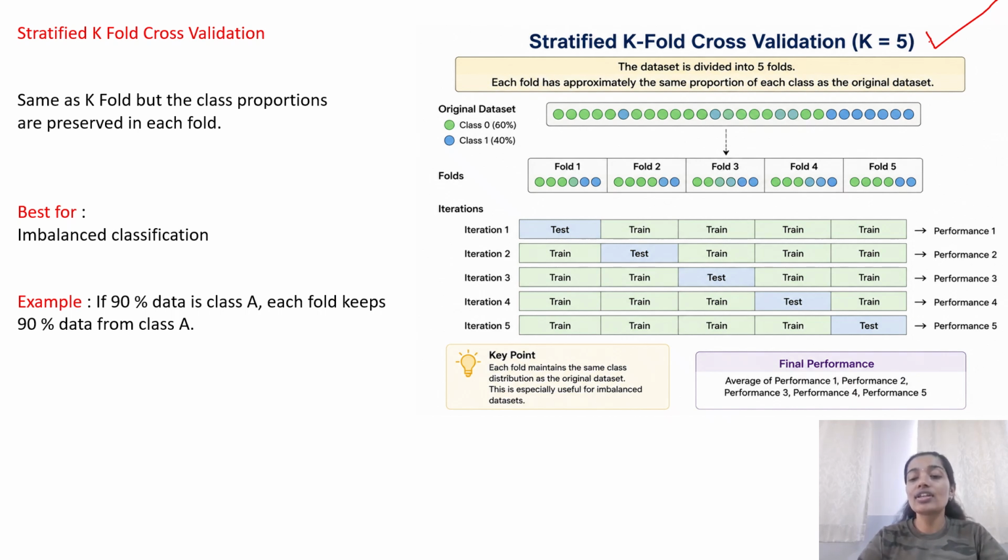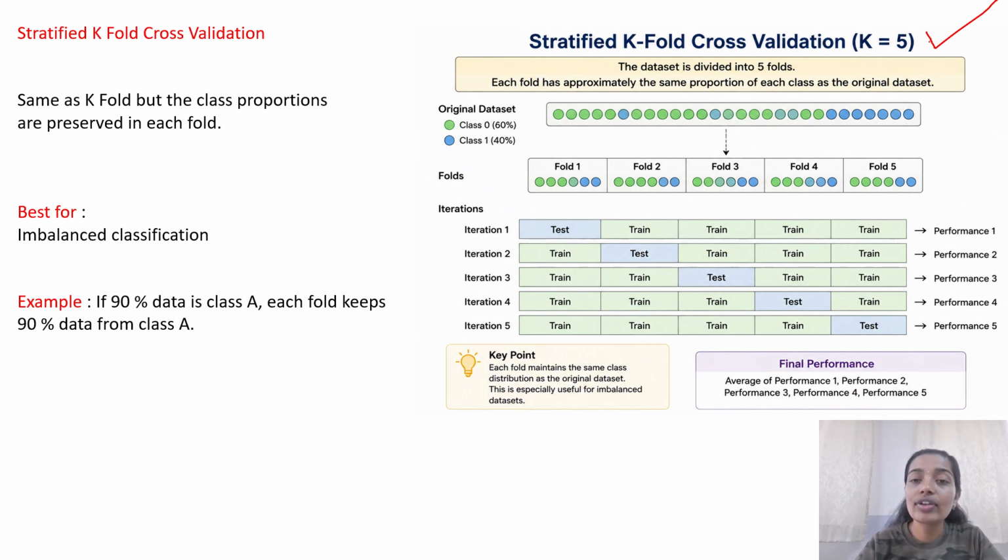So the only difference between k-fold cross validation and stratified k-fold cross validation is that in stratified k-fold cross validation we maintain the proportion of the classes in the folds as well. Again, the entire working of both of them is exactly the same. Only in stratified k-fold cross validation we maintain the proportion.